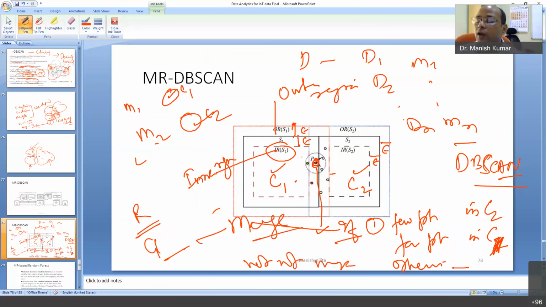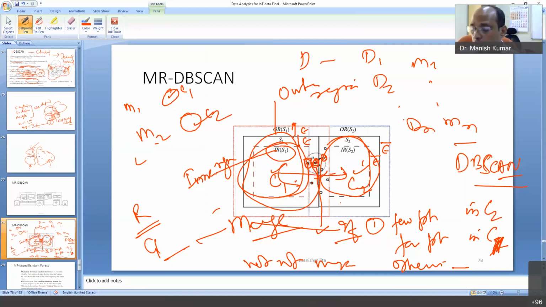Why? As we know, this point is density connected with all the points of this cluster, and this point is density connected with all the points of that cluster. If this point and this point lie in this particular area, then obviously this point is density connected with this and that point is density connected with that. Hence all the points of C2 and C1 are density connected.